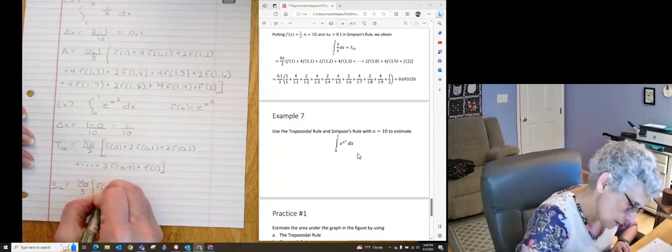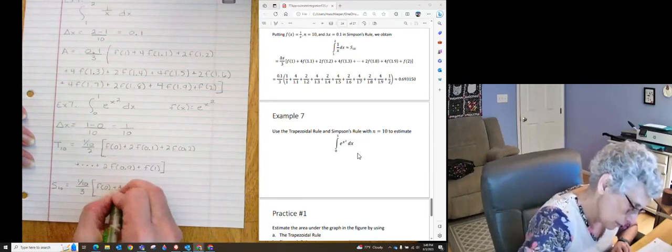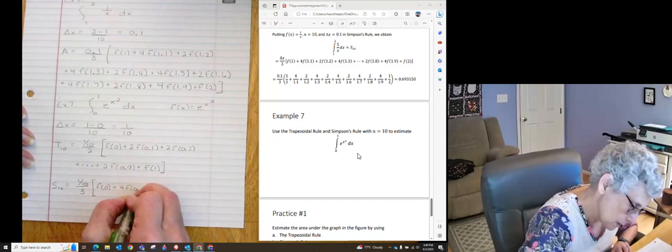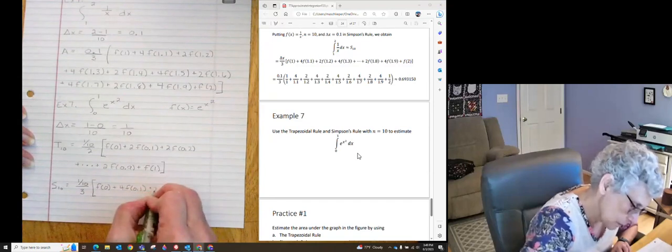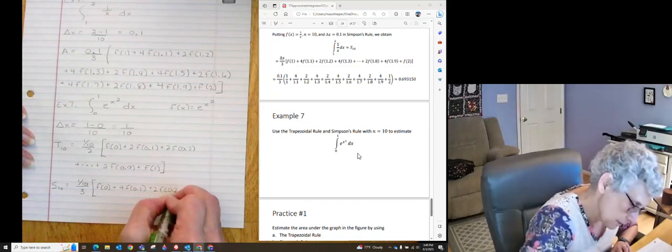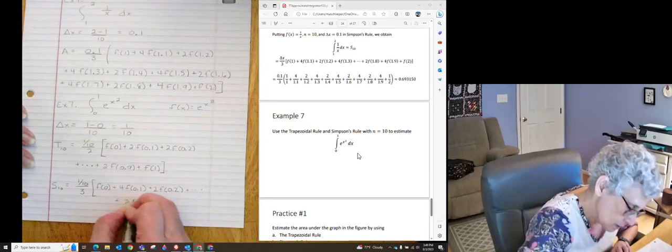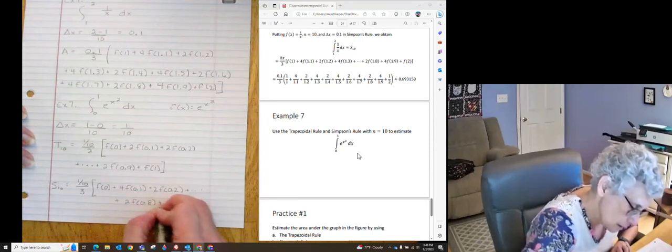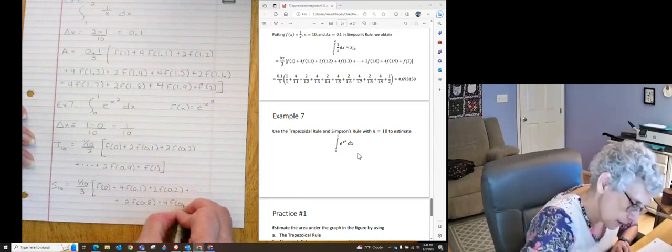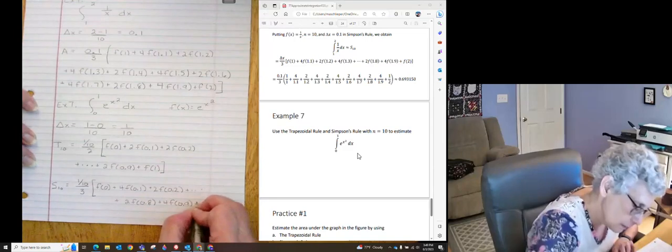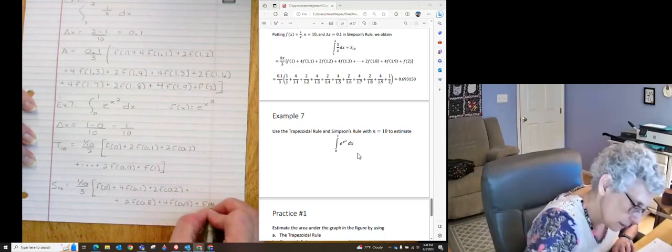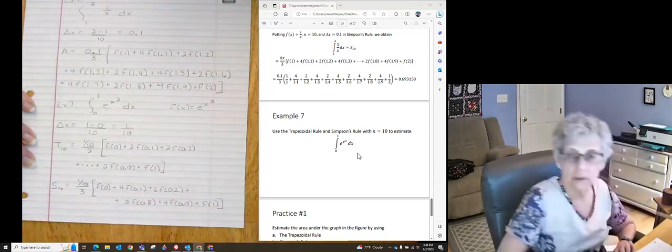We still start with f of 0, but now we have 4 times f of 0.1, 2 times f of 0.2, 2 times f of 0.8, 4 times f of 0.9, plus f of 1.